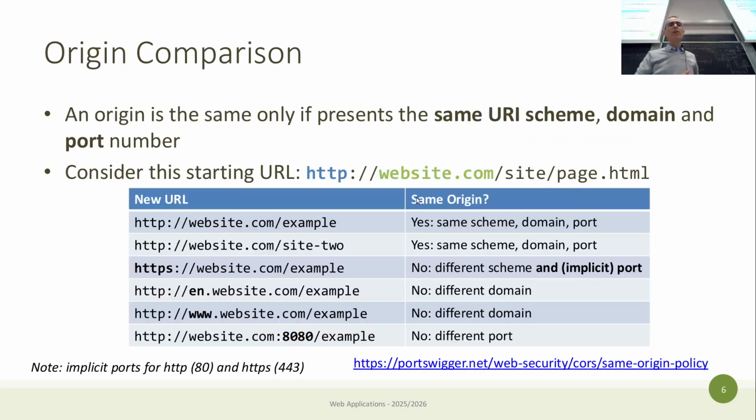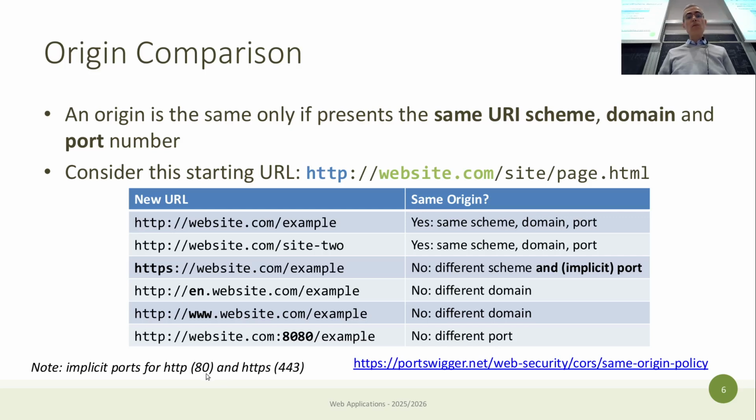So just to clarify, is it the same origin in case we start with this URL, okay? So http://website.com with some path, and website.com/something else, for example, yes, okay? Because same scheme, same host name, and same port, which actually is the implicit port, the default for HTTP, okay?